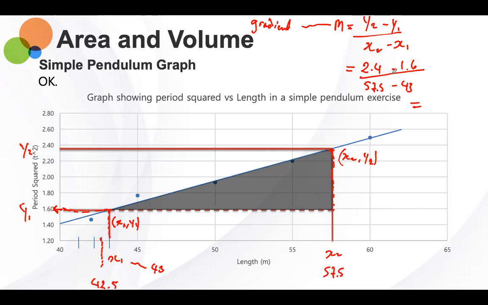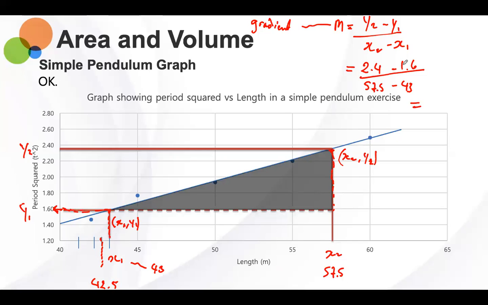What is that in a calculator? The answer is 0.8. Everyone gets 0.8.